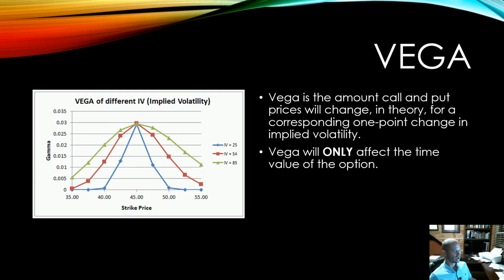So the higher your implied volatility, the higher your option prices are going to be. So what Vega tells you is that for every 1 point that IV goes up, this is how your option price will change. Or for every point that IV goes down, either way. But Vega will only affect the time value of the option.